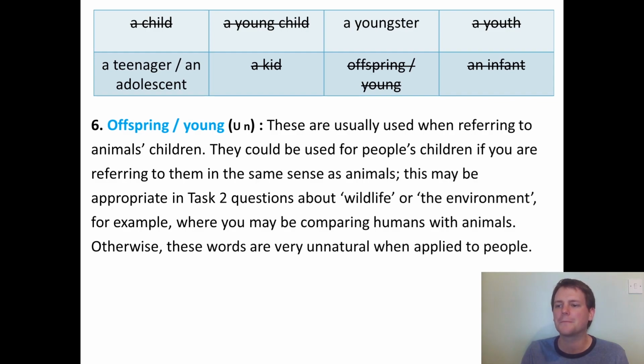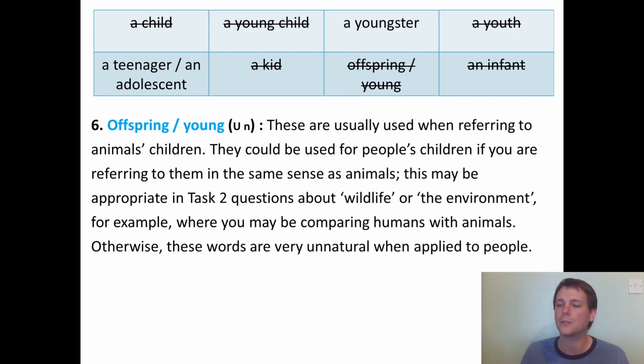Offspring and young. Sure, this is a very common mistake I've noticed as well. I read sentences like, mothers should be responsible for their offspring's education, or mothers should take the initiative with their young's work lives. It is so awkward and really unnatural.